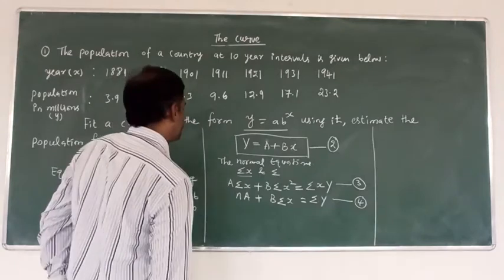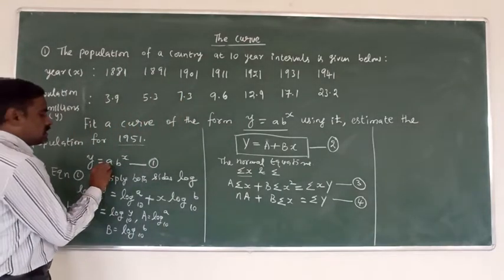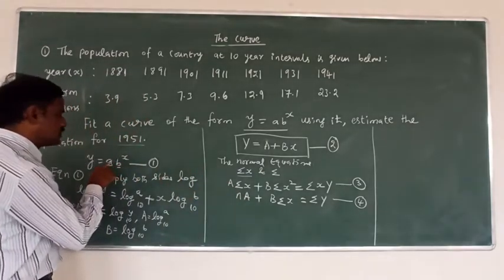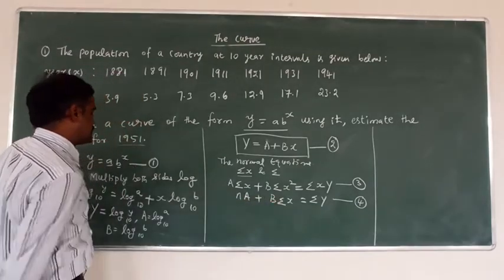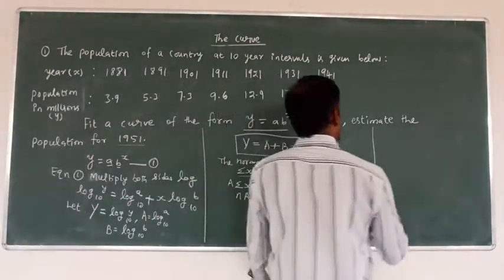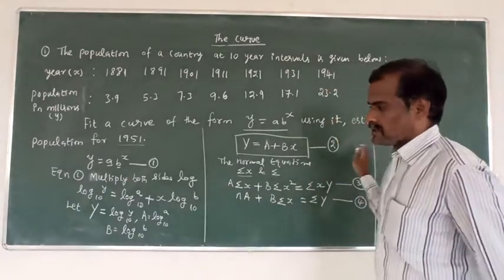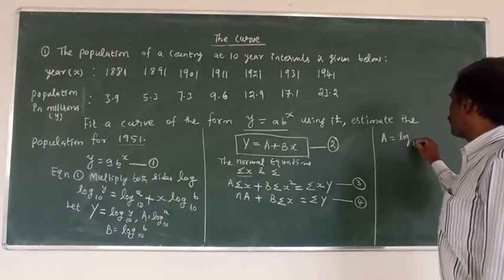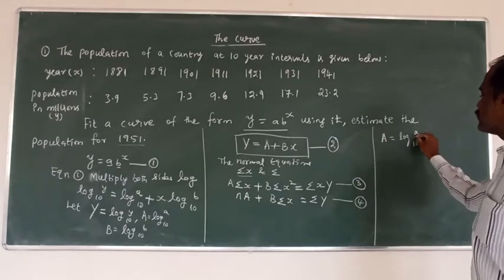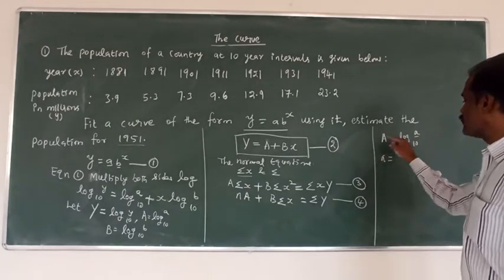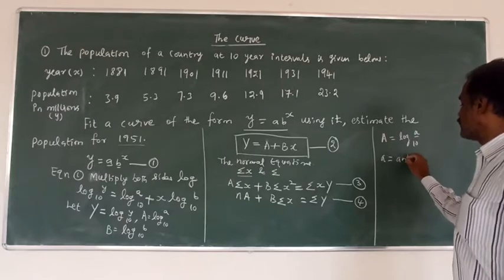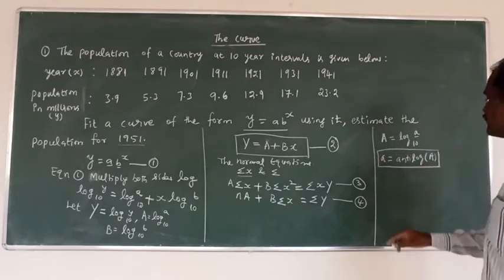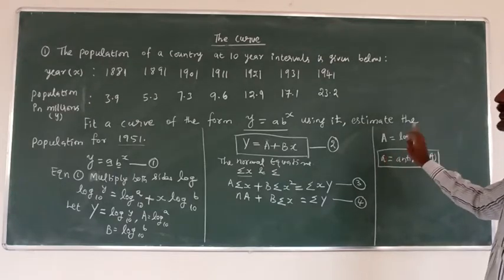But in the formula, only small a and small b are required. Now, how do we change capital A into small a as well as capital B into small b? Here capital A represents log 10 power small a. To find small a, we take the anti-log of capital A. This is the format to find small a.